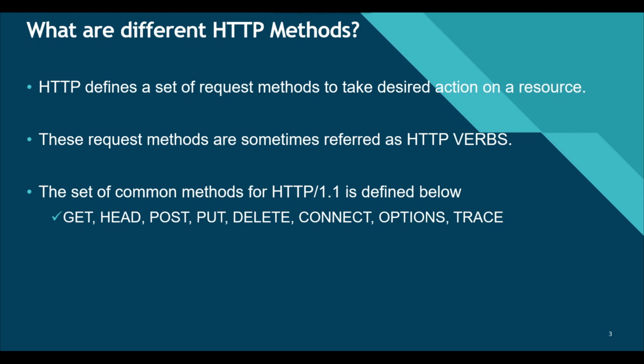Hence HTTP has defined certain methods to access those resources or to perform certain operations on those resources. These request methods are sometimes also referred to as HTTP verbs. The set of common methods that are part of the HTTP 1.1 specification are get, head, post, put, delete, connect, options, trace, and a few more.